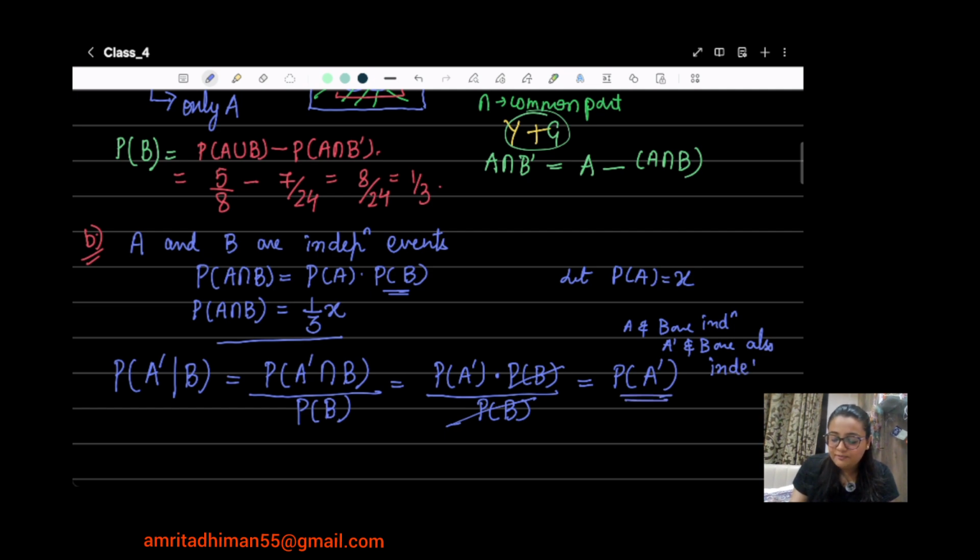Our target is to find probability of A complement, which is equal to 1 minus probability of A. So somehow we need to find the probability of A.